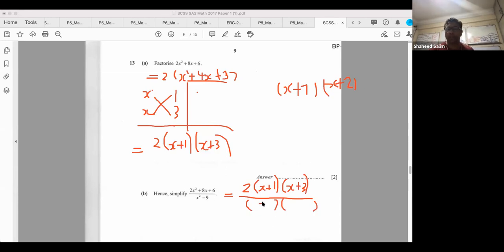So one will be plus, one will be minus. Down here, what times what is the square? Find the square root of x squared, x. Square root of 9, 3. And then you can cancel this one. Final answer: 2x plus 1 over x minus 3.